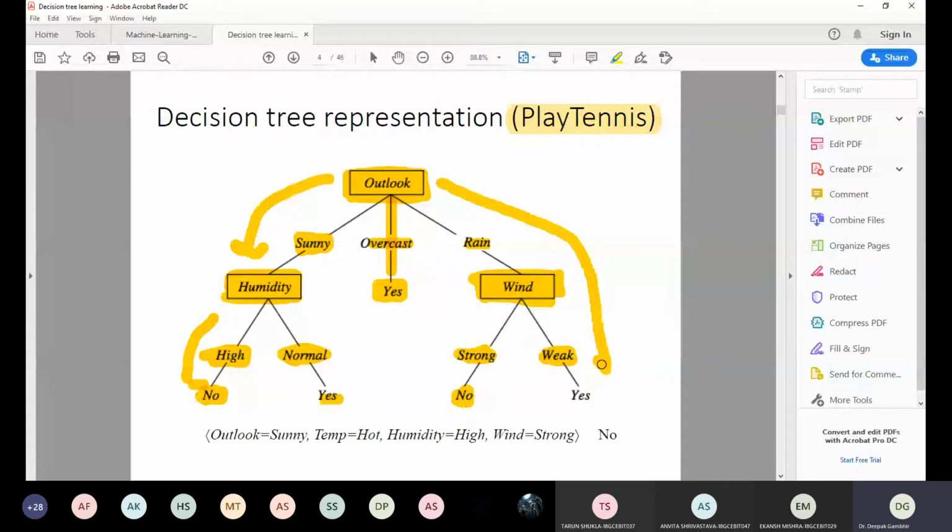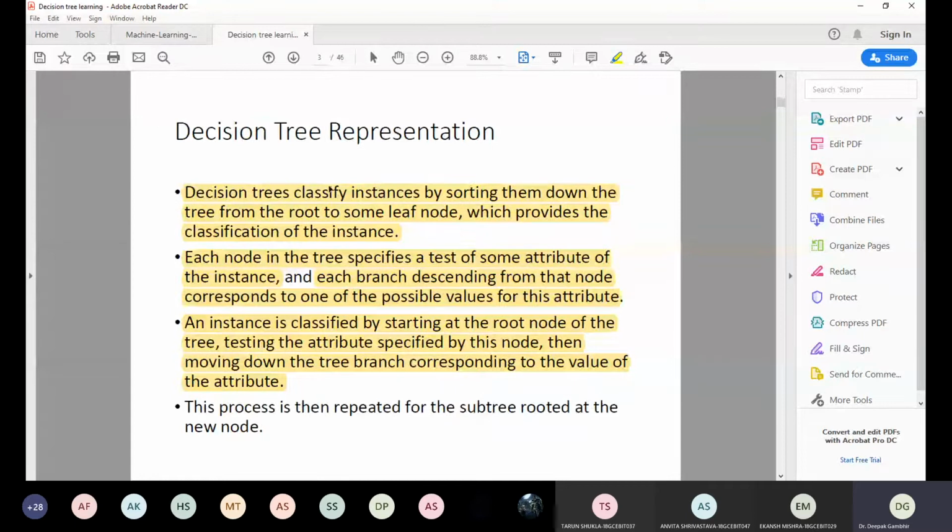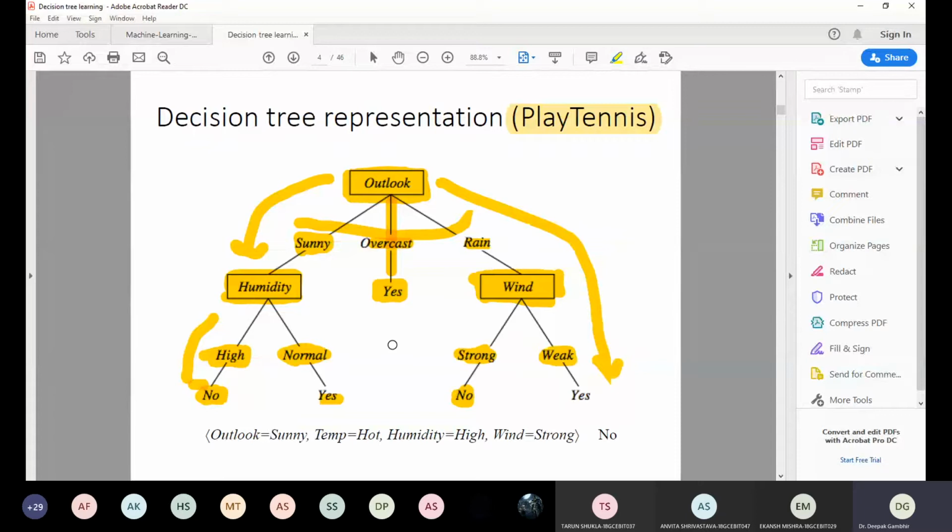We check each attribute, choose that attribute, then test the next attribute and find its value. Wherever we find its value, the leaf node will tell me which class it belongs to. This process is repeated for the subtree rooted at the new node, for each subtree. So this is how we get the decision tree output.